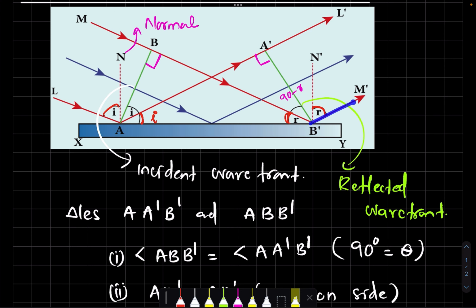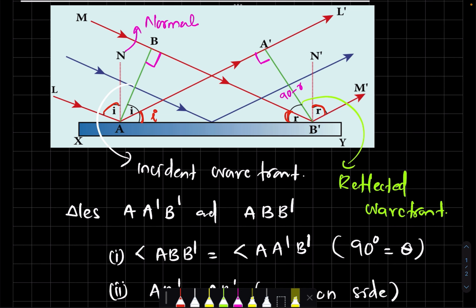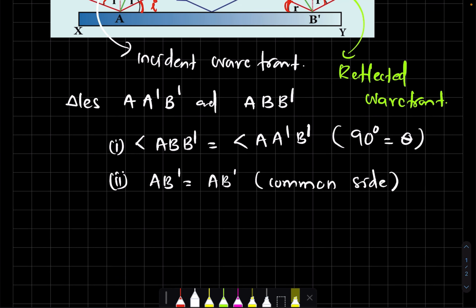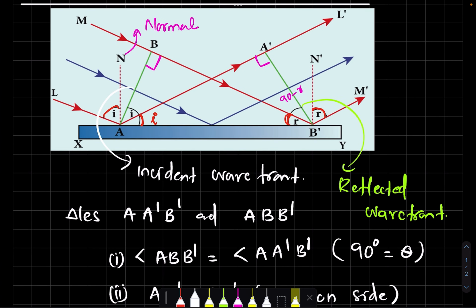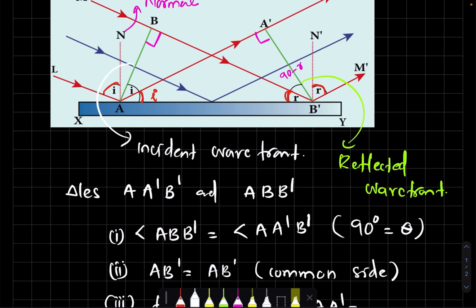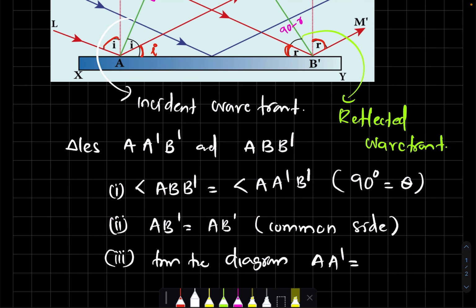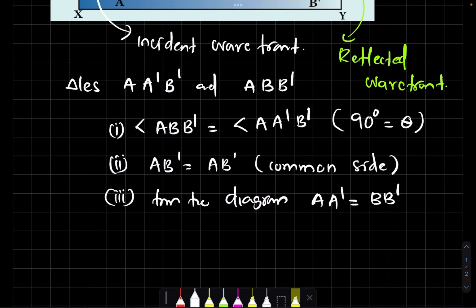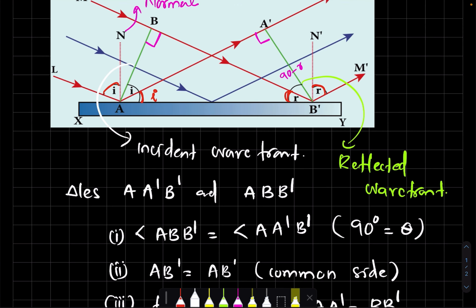So from the diagram, AA dash will be equal to BB dash, which is very clear. Equal distance traveled in equal interval of time.